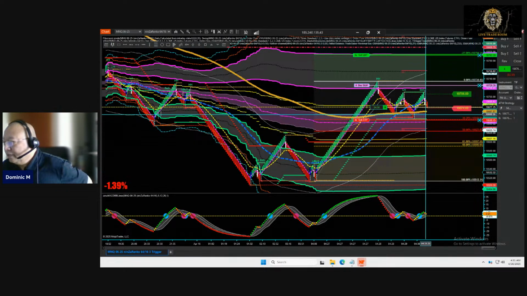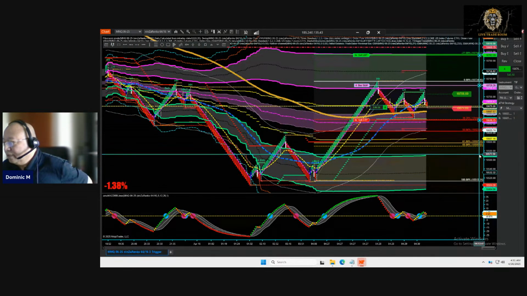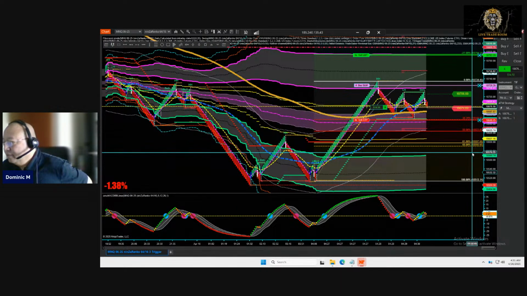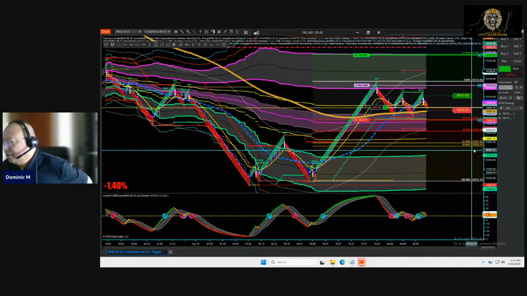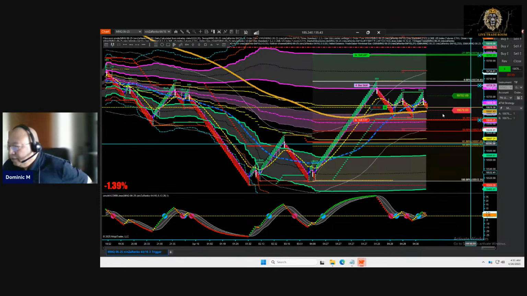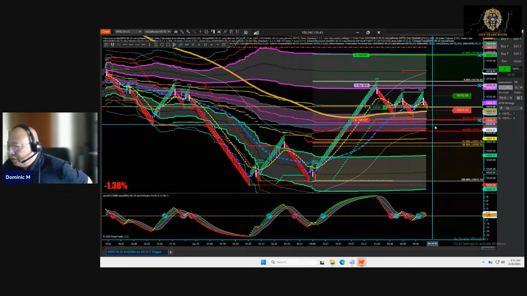Okay, so they did create a higher high by one tick. It's really not that significant. So sometimes you don't consider that as a higher high. So let's see what they do here. Will they break this lower low here?